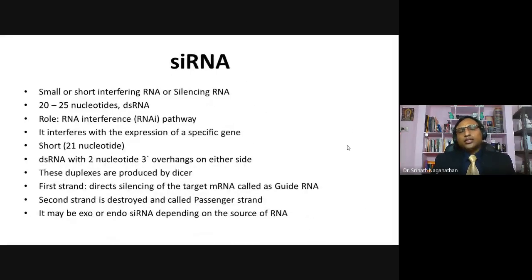So siRNA, these are the small or short interfering RNAs. That is why the name is short interfering, that is why SI. Sometimes it is also called silencing RNA.